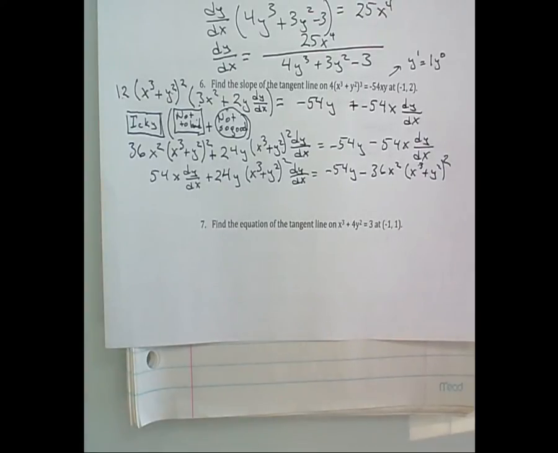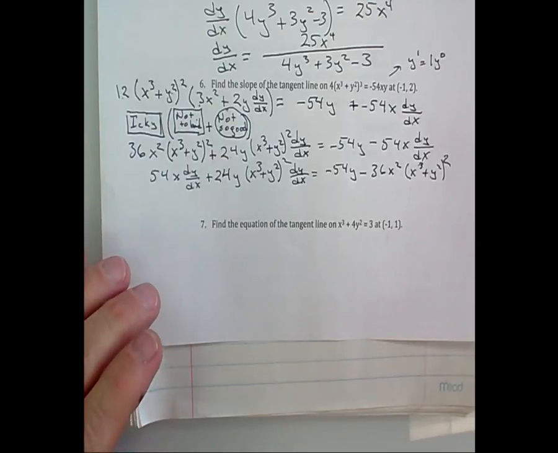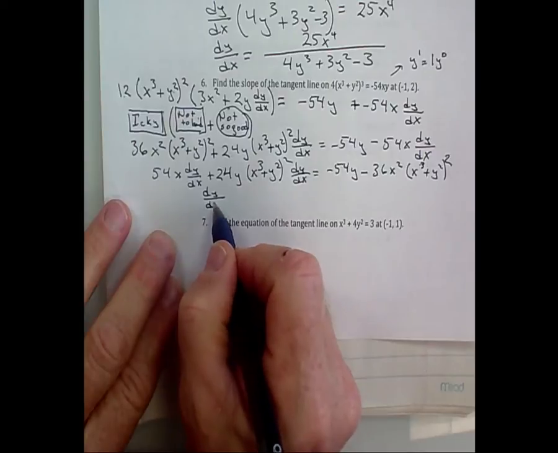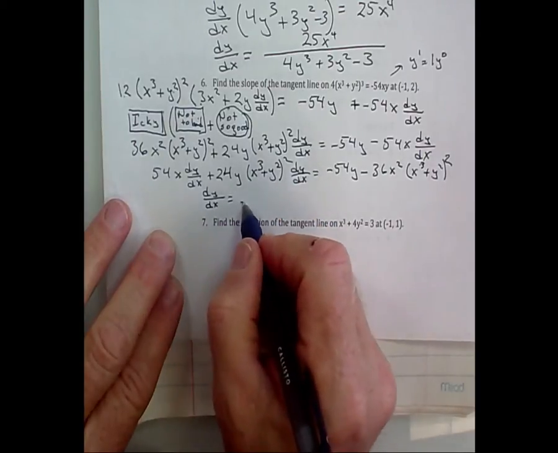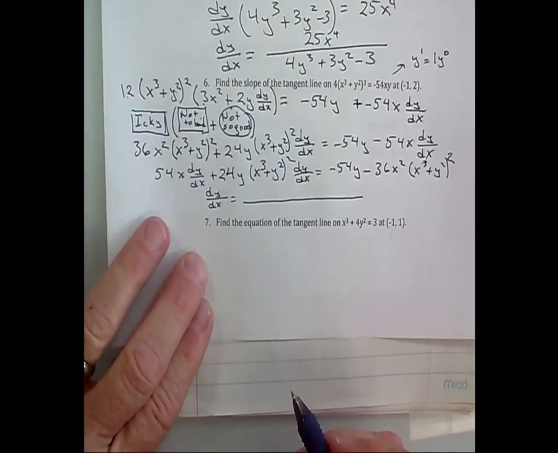Okay, so Ty, what am I going to do now? Factor out dy dx. Yep, and I'm going to divide all in one swoop because I'm getting tired. Okay, so I got dy over dx, and this is going to give me a rational craziness.